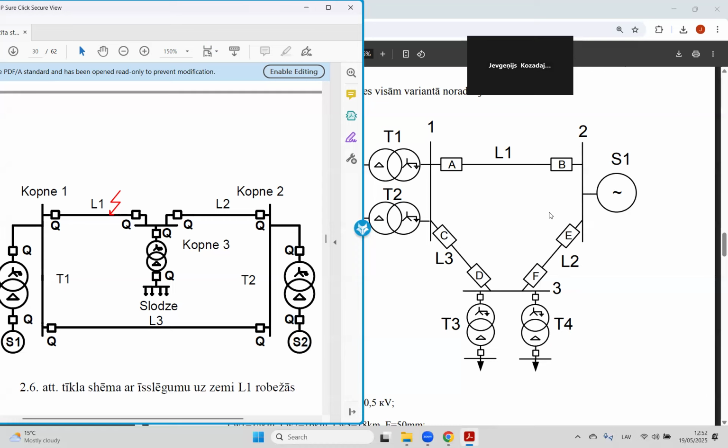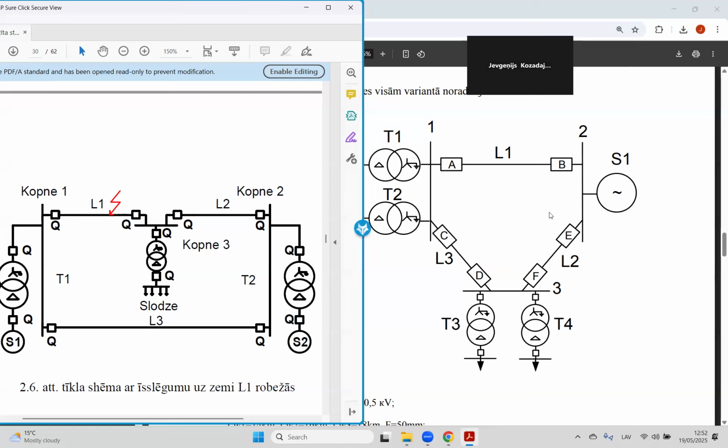Okay, so what is the same, and what is the difference? Here we have bus number 3, and here a transformer for loads. Here we have one transformer. Is there any difference from our point of view? No. For our protection device, this doesn't matter, because this is the side for the consumer. We are protecting clients, not this.